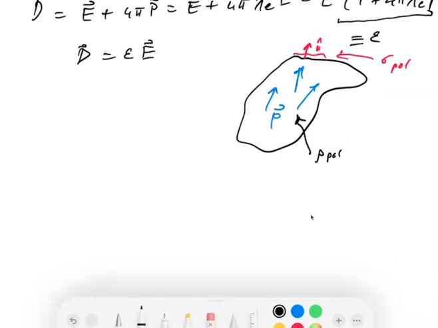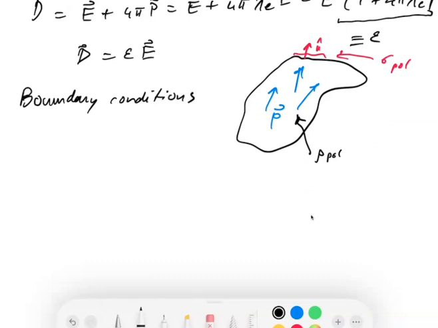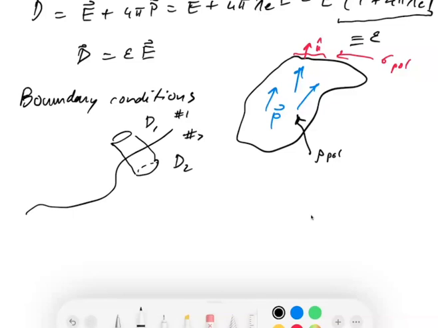So boundary conditions go like this. Let's say you have some kind of a material, then you have Gauss's law. There's a D1 here, and then there's a D2 there. This is material number 1, and this is material number 2.